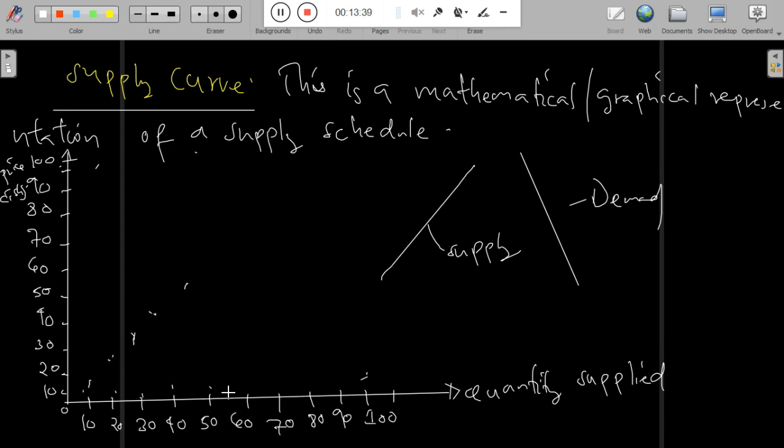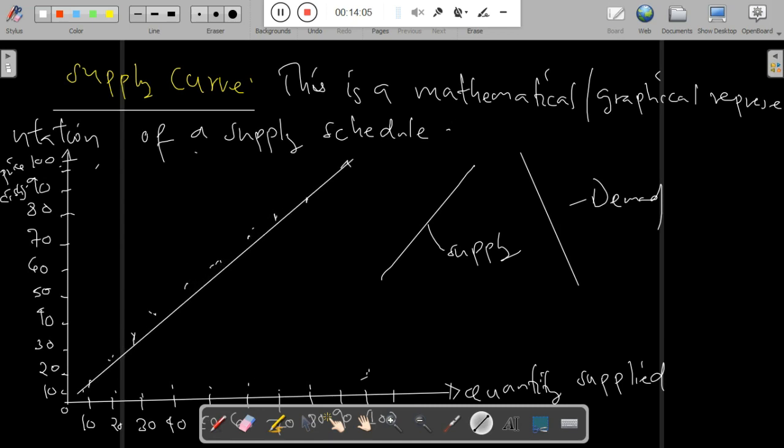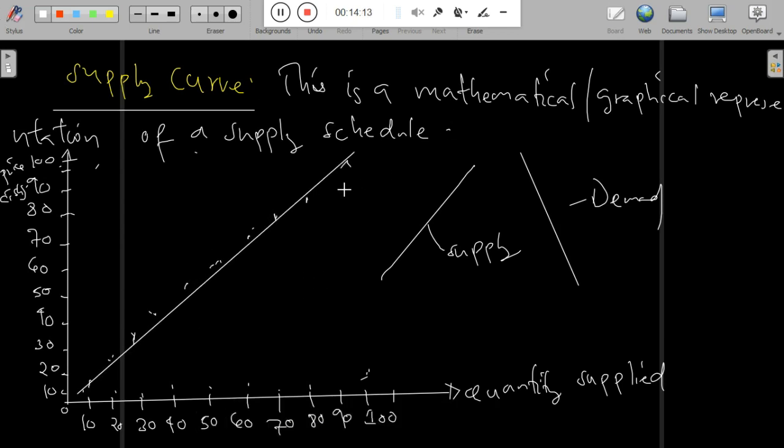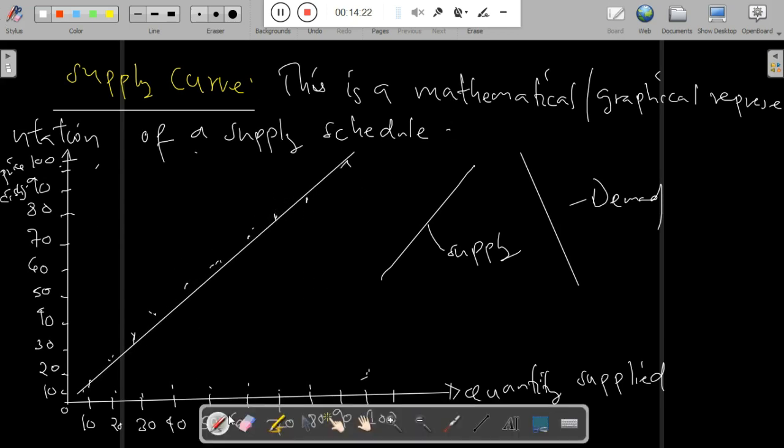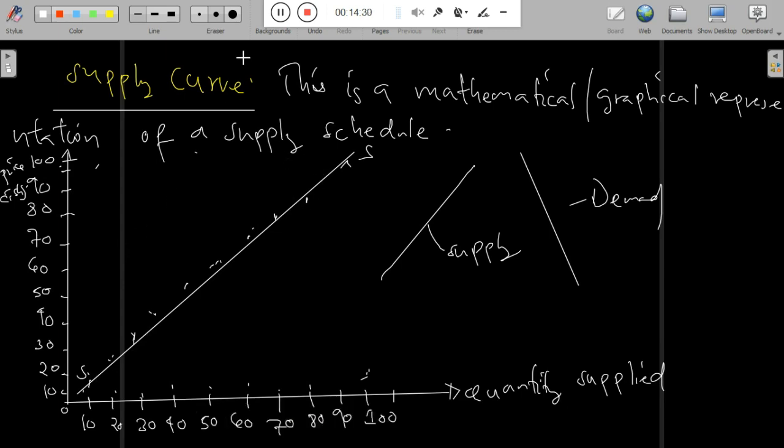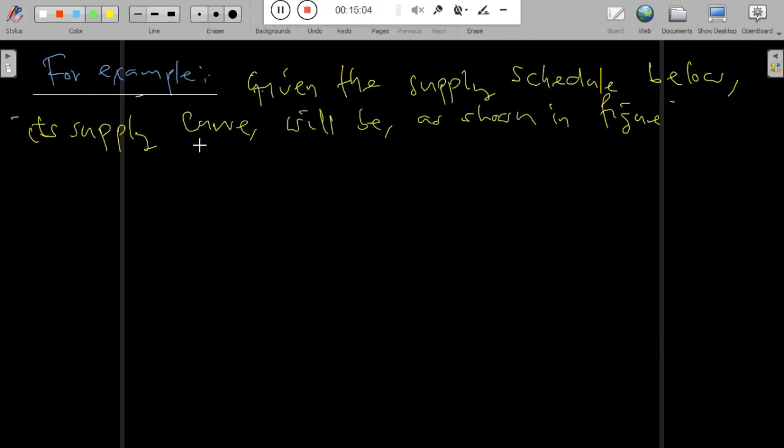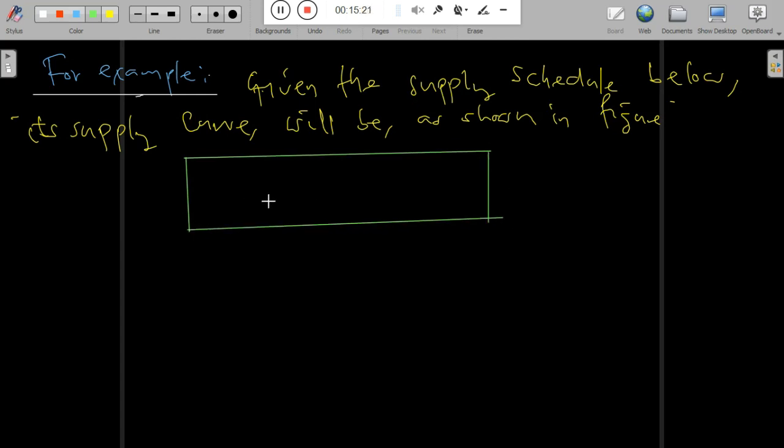At this level, when you sketch out the graph, it will go upward like that. So from this figure, the relationship between price and quantity is shown, where the price is plotted on the y-axis while the quantity supplied is plotted on the x-axis.